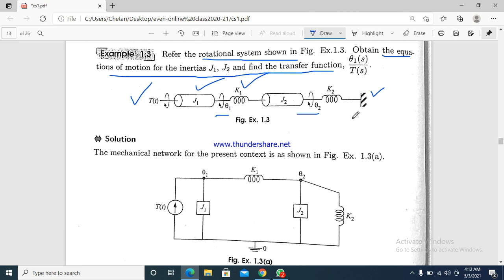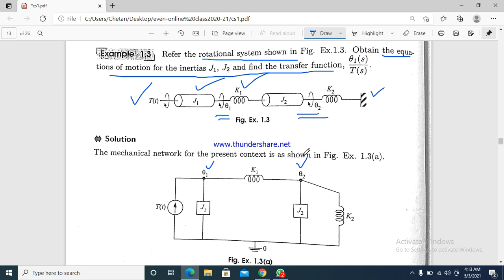First what I do, for these rotations theta 1 and theta 2, I will represent these two rotations as nodes, because while writing the mechanical network I am writing this mechanical system in the form of node analysis circuit.